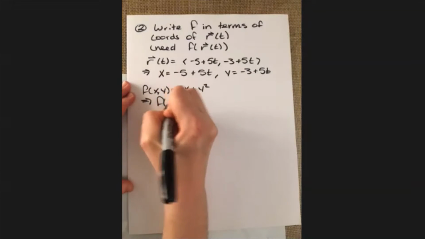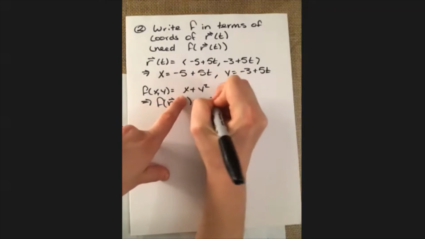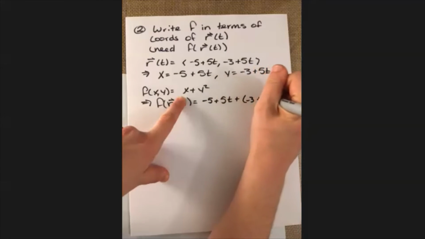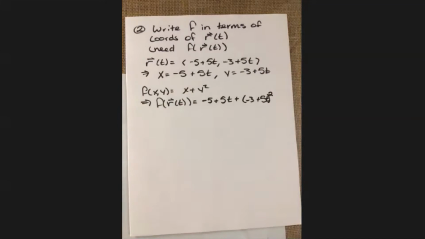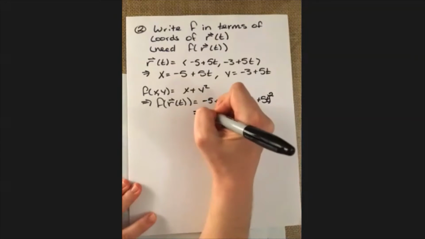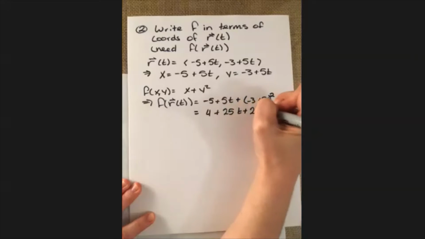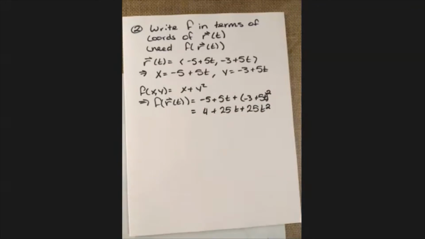So f of r of t is equal to -5 plus 5t plus -3 plus 5t, squared. You can FOIL that out and simplify it, and you get 4 plus 25t plus 25t squared.